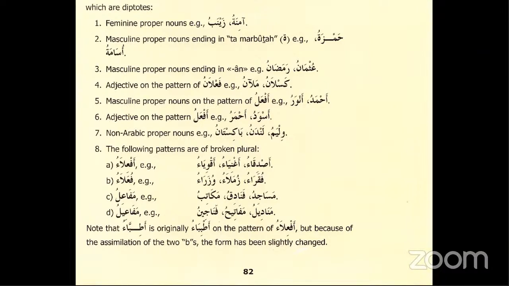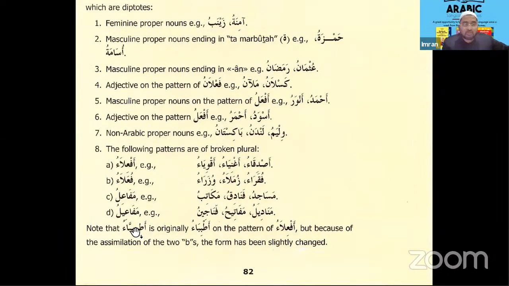And mafa'ilu examples are manadilu, mafatihu, and fanajinu. And note that atibba'u is originally atbiba'u on the pattern of af'ila'u, but because of the assimilation of the two ba's, the form has been slightly changed.